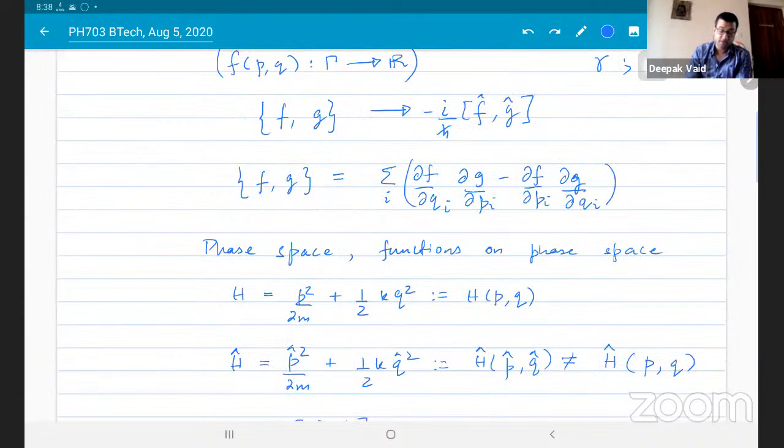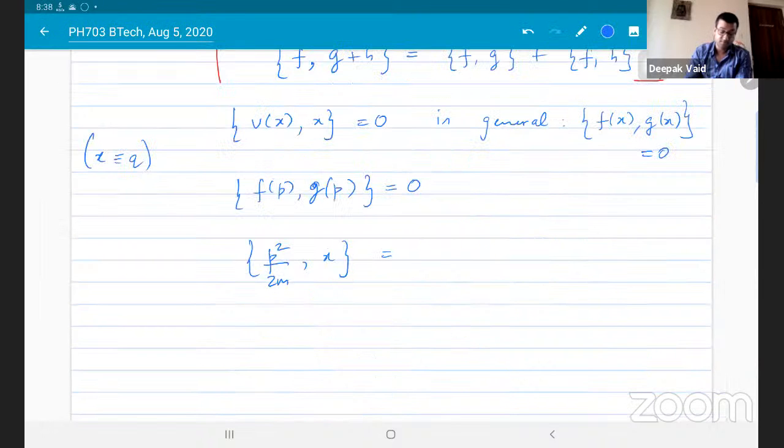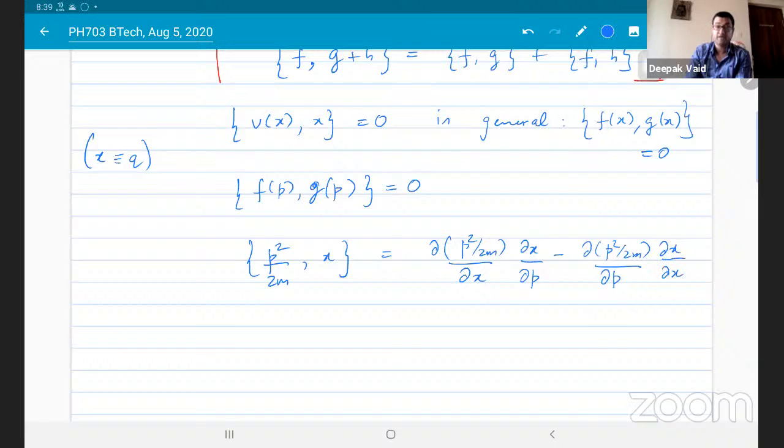Going back here, you get df by dq, or df by dx, times d of p square by 2m by dx. And then the second expression is this dx by dp. Then minus the same thing, but now you have a derivative with respect to p.